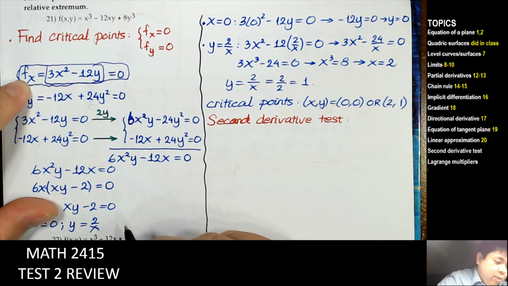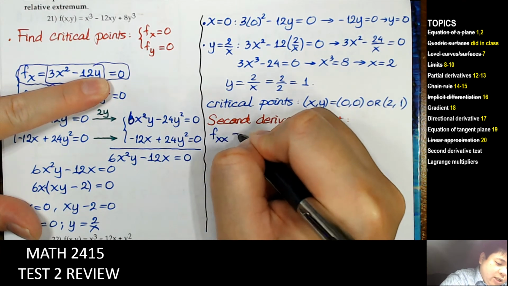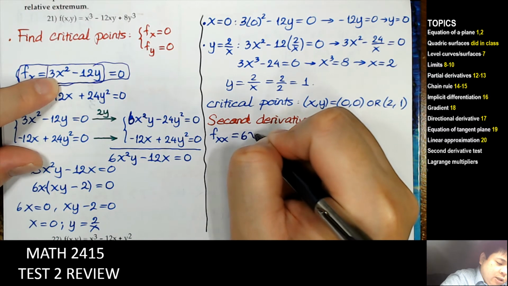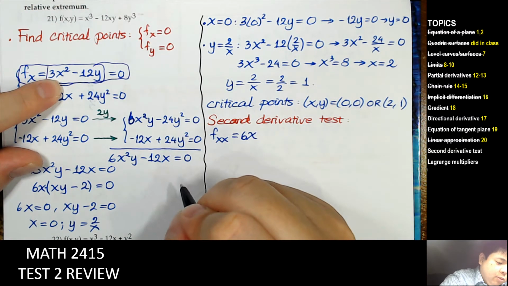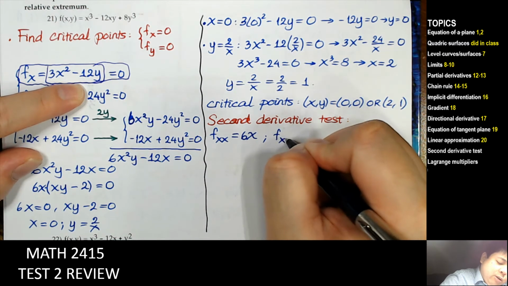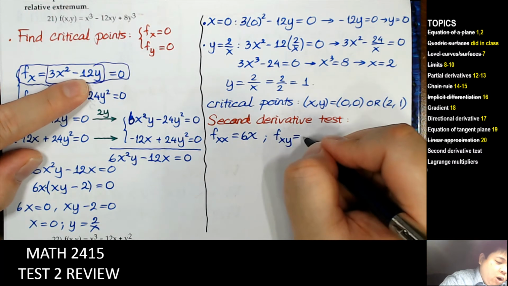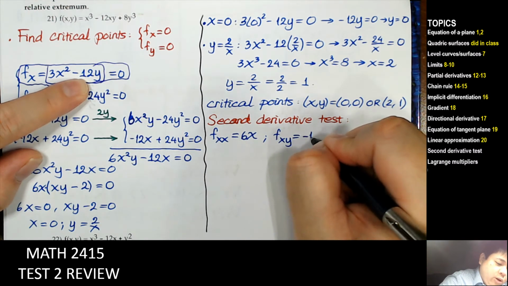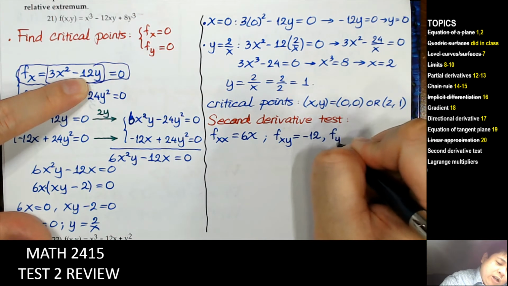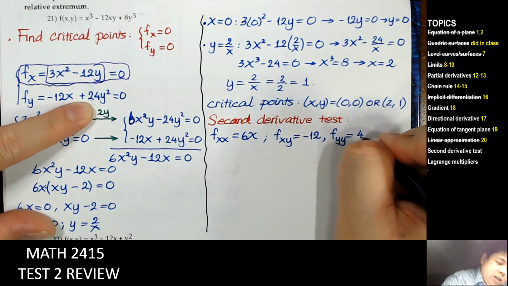When we take the second derivative with respect to x, we will have 6x. Derivative with respect to x, y: the derivative of this with respect to y is negative 12. And derivative with respect to y and then y will be 48y.